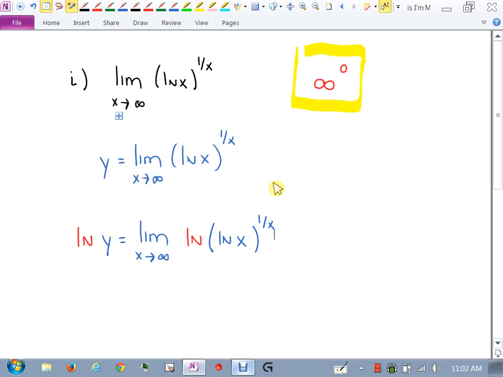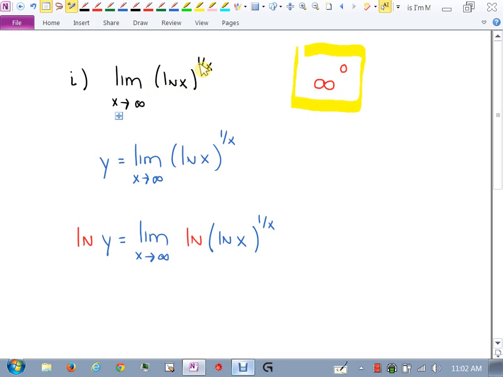Now, quick question. Why could I not pull this 1 over x out right now? I mean, there's a natural log there right now. Why can't I pull that out? Without anything being over here, why is it that I can't just pull 1 over x out in front of this log? It's because these parentheses.